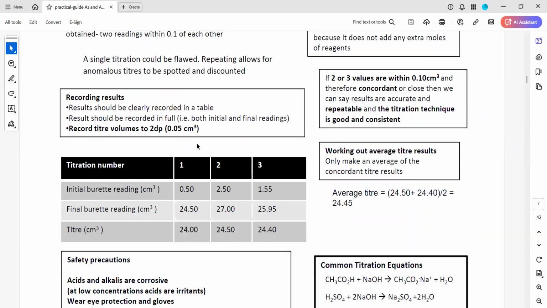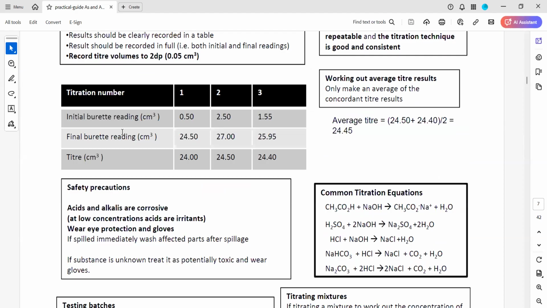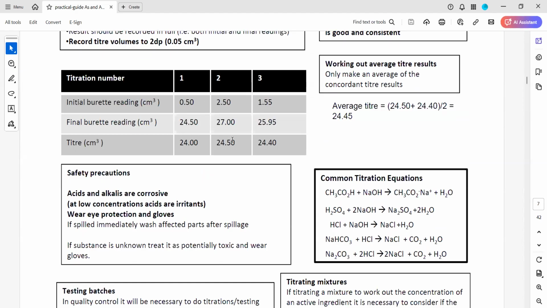So recording these results: taking a mean titer, as you can see, initial burette reading, final burette reading, taking a difference. And these are the titers which we use.